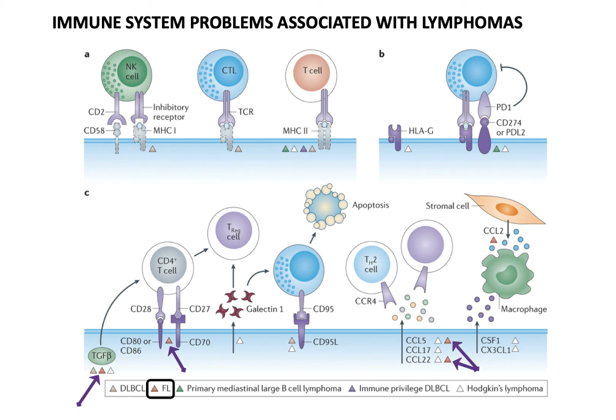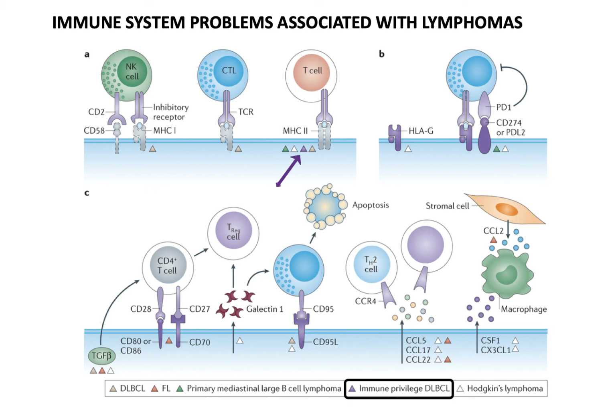The second one here is follicular lymphoma, and that's more restricted to just a few changes in the cell surface receptors and the production of certain cytokines. The next one is a mediastinal large B-cell lymphoma here, and that's exhibited in a few areas here on the cell surface.